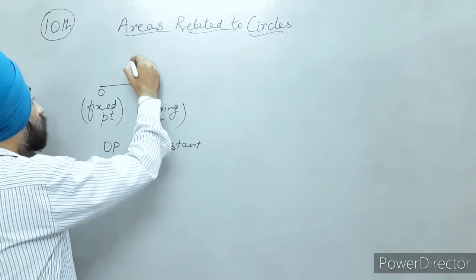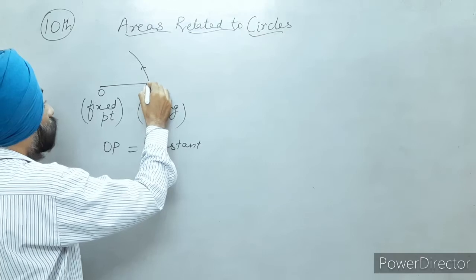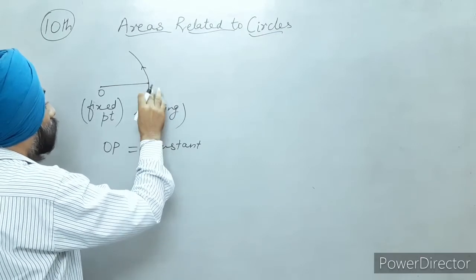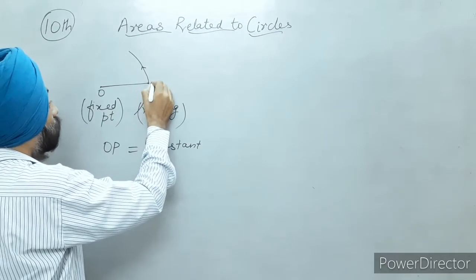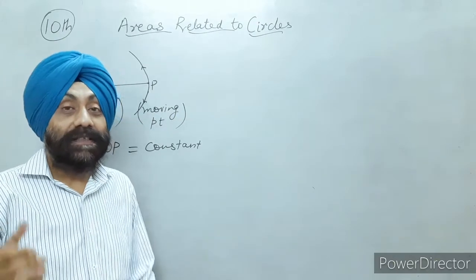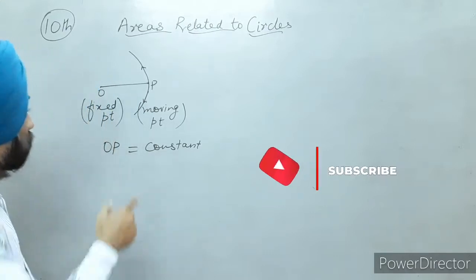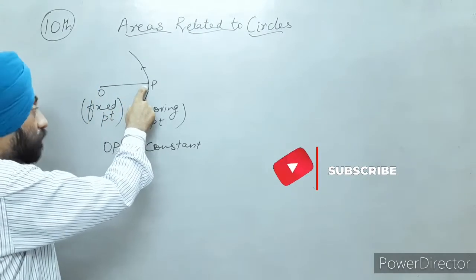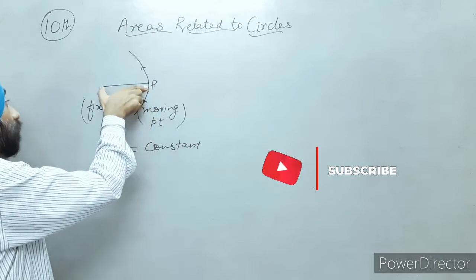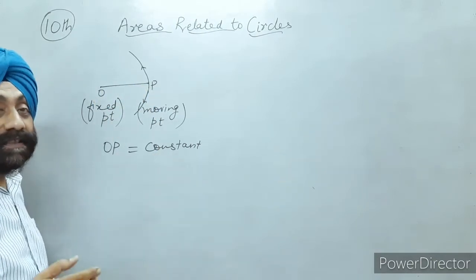Whether the point moves in the anti-clockwise direction or it moves in the clockwise direction. This P point is the moving point. So we define circle as the locus of a point P such that the distance of this moving point P from a fixed point always remains constant.